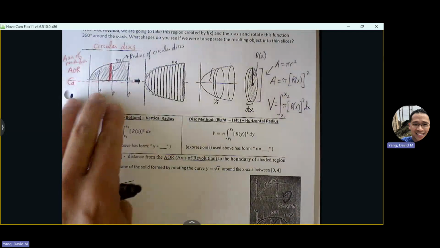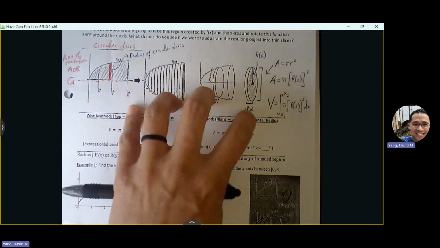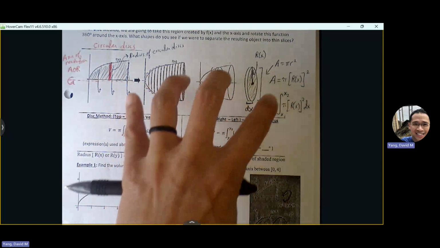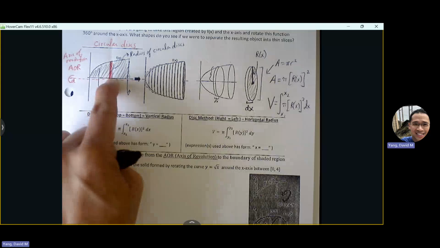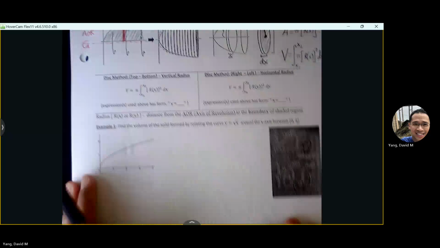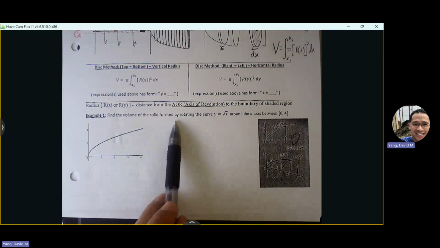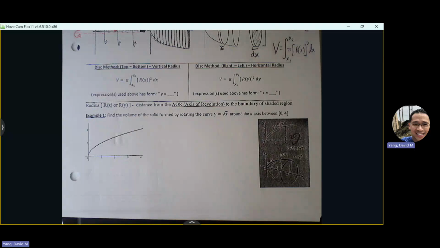Okay, so now that I've gone through an example, we're going to actually work out this problem. We're going to find the volume of this particular bowl, or this object. Example 1: find the volume of the solid formed by rotating the curve y equals root x around the x-axis between 0 and 4.